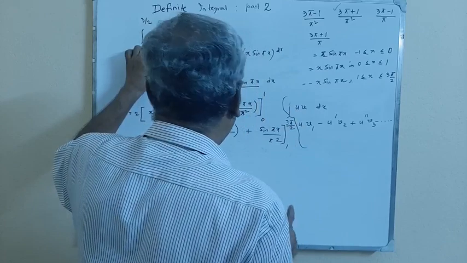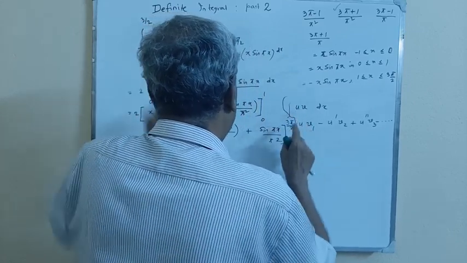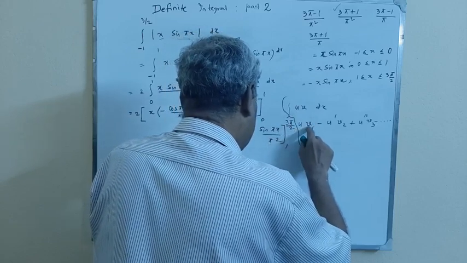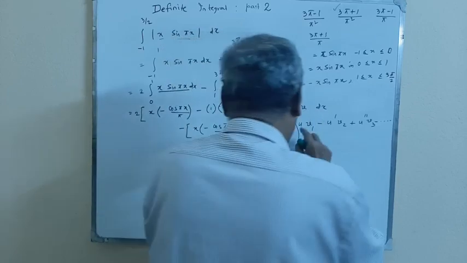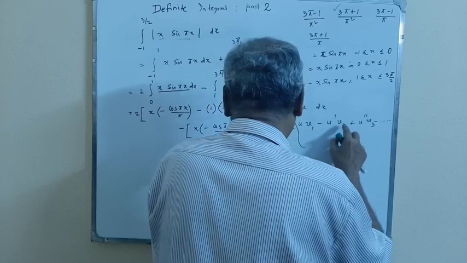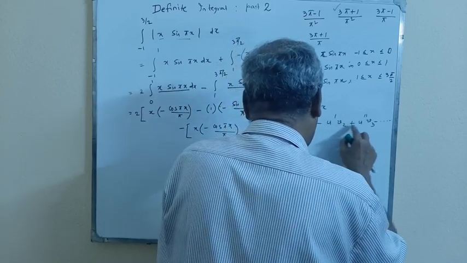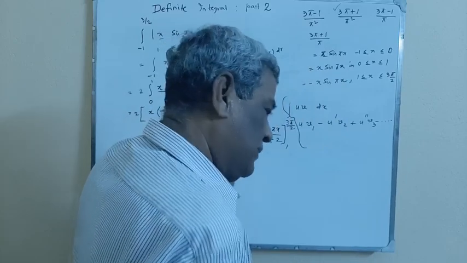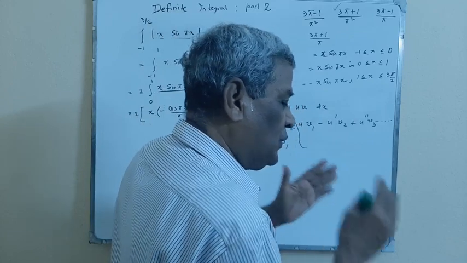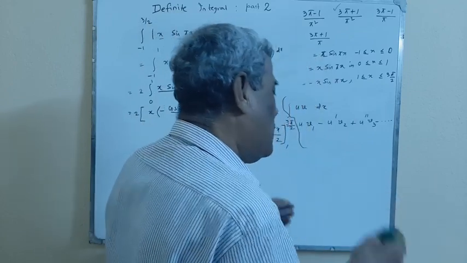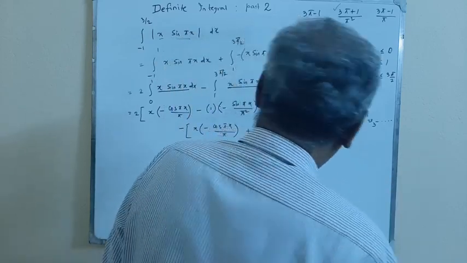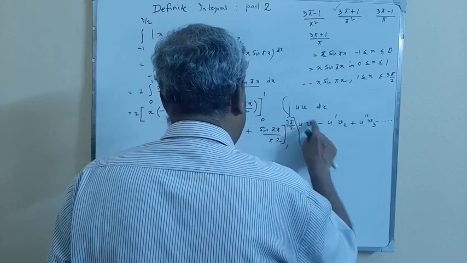Here, x is your u. The formula is first u into integration of the second, minus derivative of u into integration of v1, that is integrate v second times, and so on. After some time, the factor u dash, u double dash, etc. one of them will be 0, and subsequently all terms will be 0. Yes, it is a very useful formula.